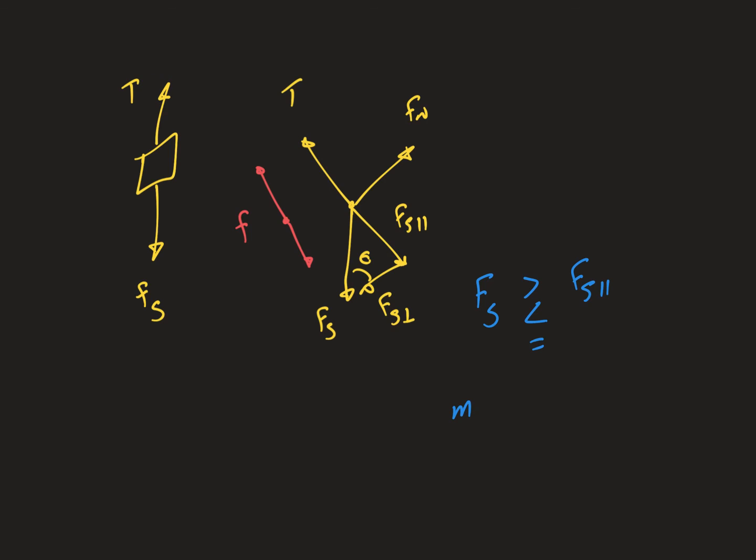So we compare the mg with the mg cosine theta. And so I guess we would have to indicate the first and the second. And so these values tell me which way the object will be accelerating. Up the ramp, down the ramp, or there's no acceleration, so it could be sliding at a constant velocity, or it could be at rest.